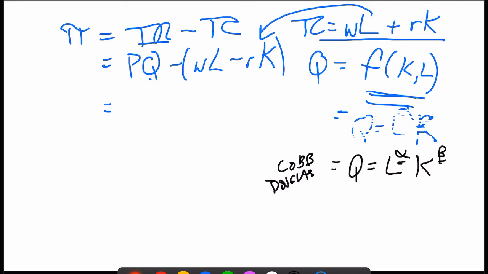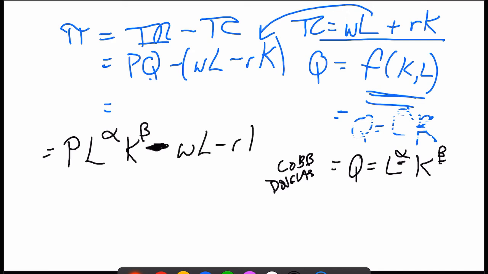It's more complex than that, but just think about it that way. That means I can say P times L to the alpha times K to the beta minus the costs, and that is my profit function.